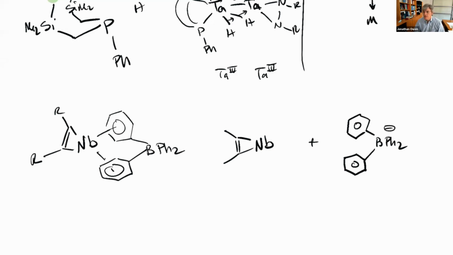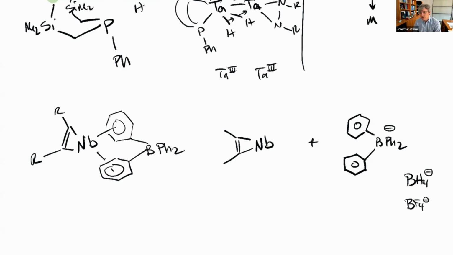That little piece is kind of like BH4 minus or BF4 minus. You got 4 anionic things around that boron to get you to a 1 minus charge overall for the boron.